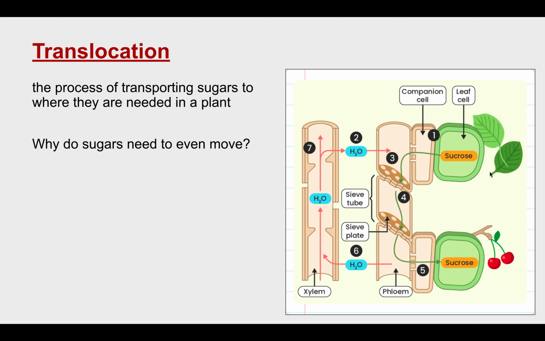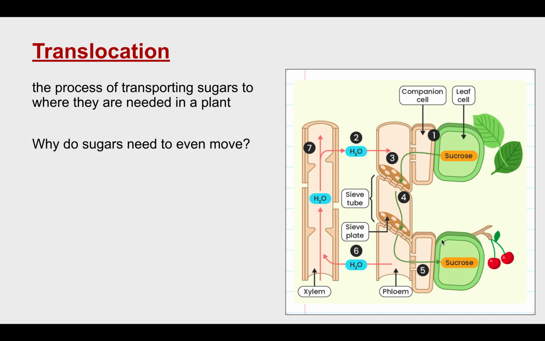And so see in this image over here, we have our leaf cell, which is actively producing sugars, right? The sugars will be loaded into the companion cells, which then helps the sugars to be loaded into the sieve tube elements, right?